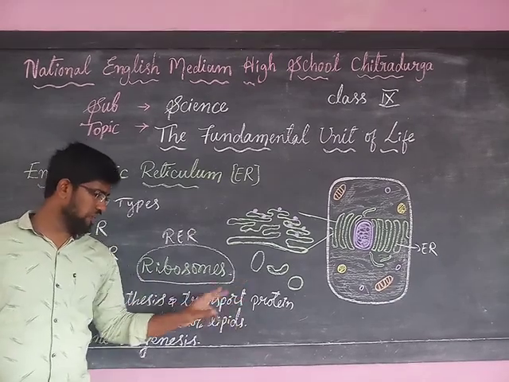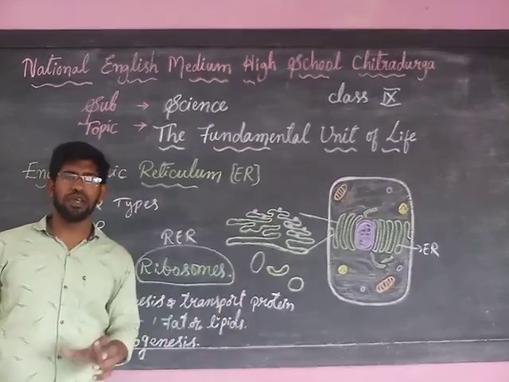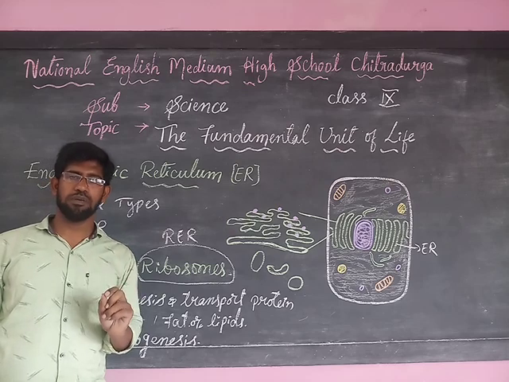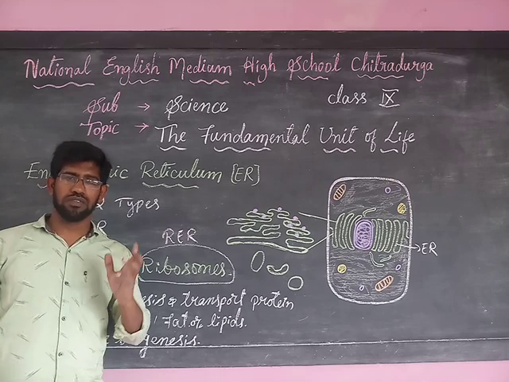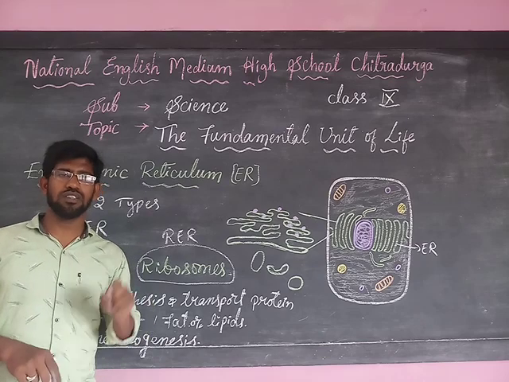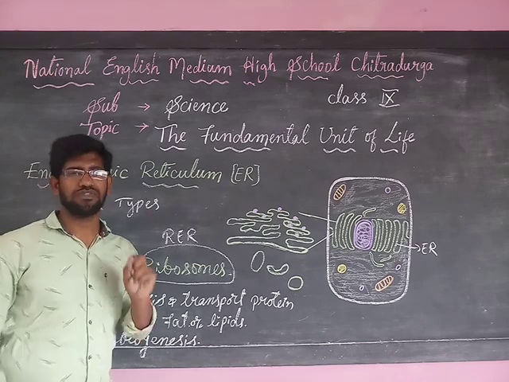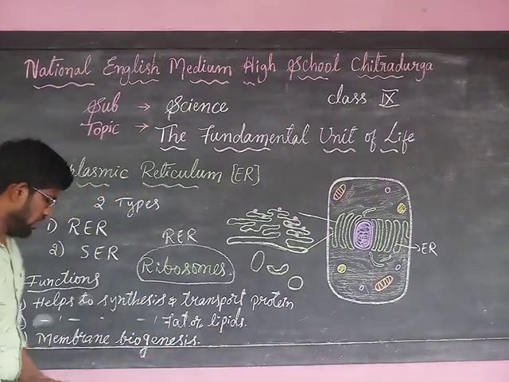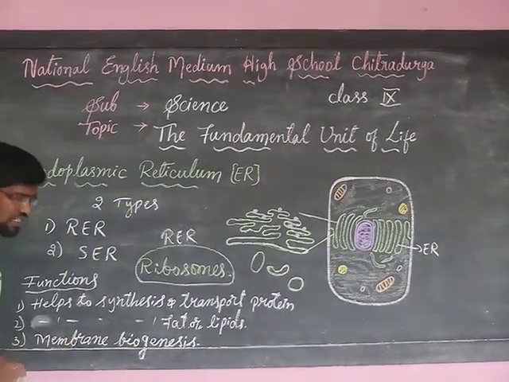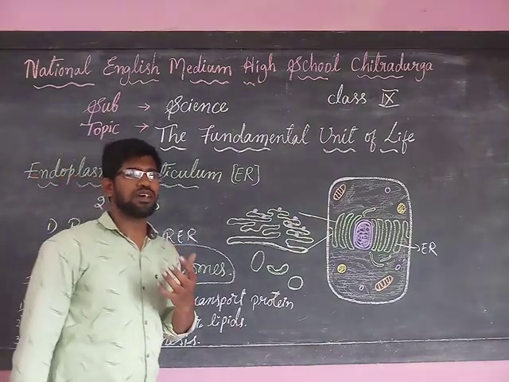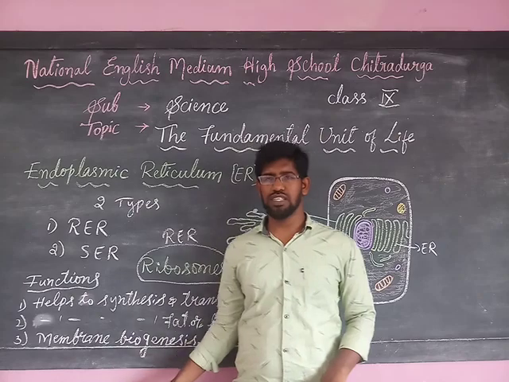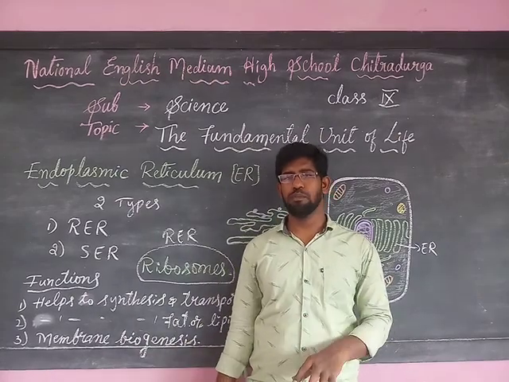These proteins and lipids are very helpful in building up the cell membrane. The cell membrane is very important for the outside of the cell. The process of building up the cell membrane with the help of protein and lipids is known as membrane biogenesis. So the endoplasmic reticulum helps in membrane biogenesis, in the construction of the cell membrane.